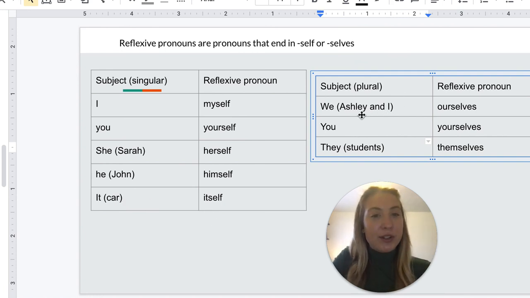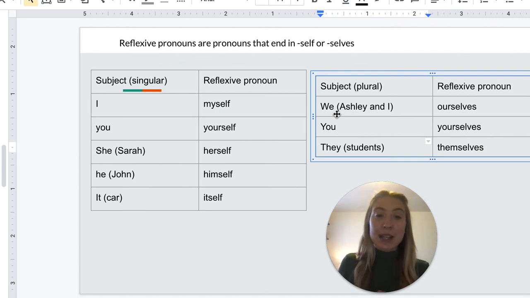And with our plurals, if I say we, I'm talking about me and someone else, that's when we would use ourselves. And if I'm talking about they, the subject could be students. It's more than one person, but doesn't include me. So that's when we would use themselves.